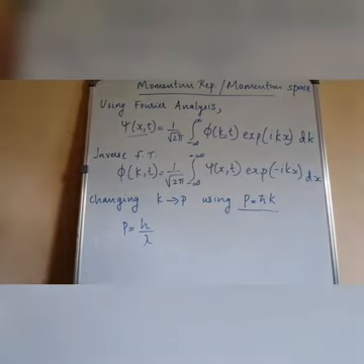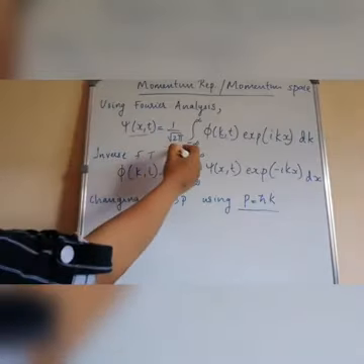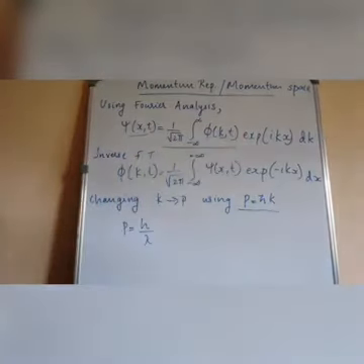So for that we are using Fourier analysis and representing wave function psi of x comma t as a Fourier transform of wave vector k. That is a different function phi of k, t.